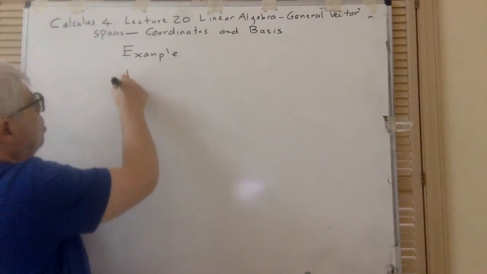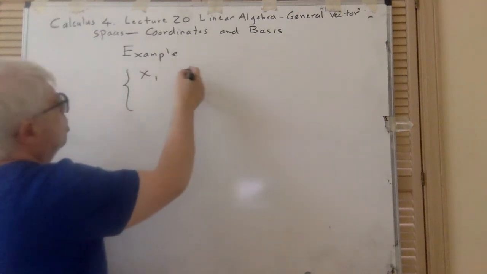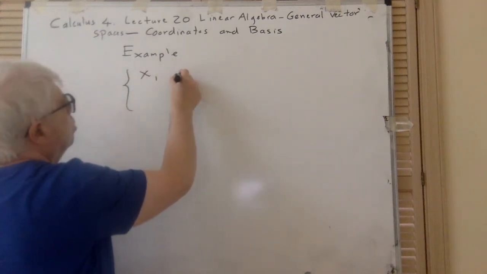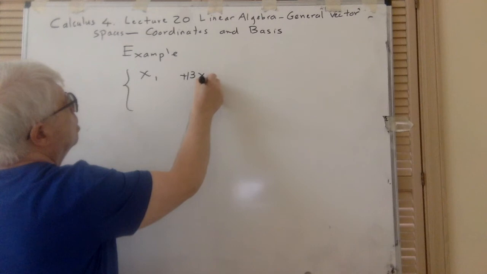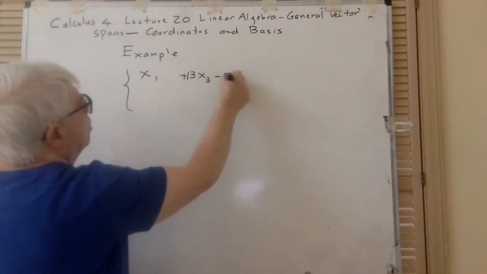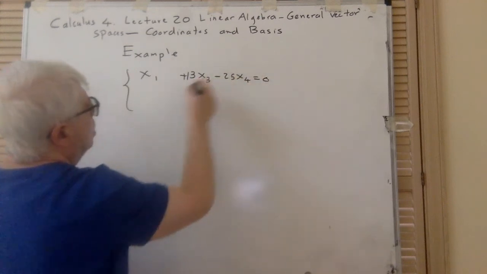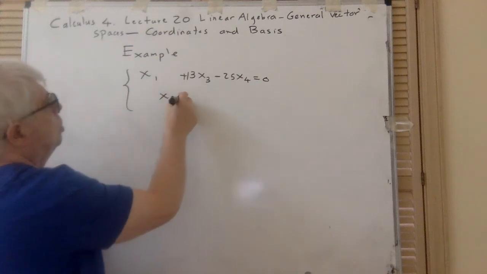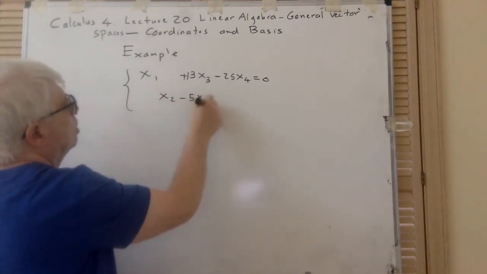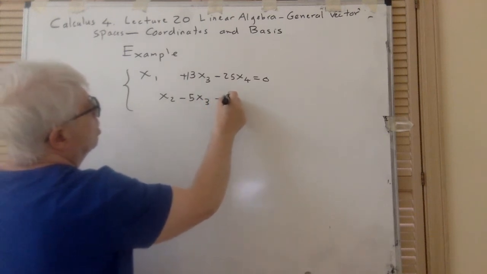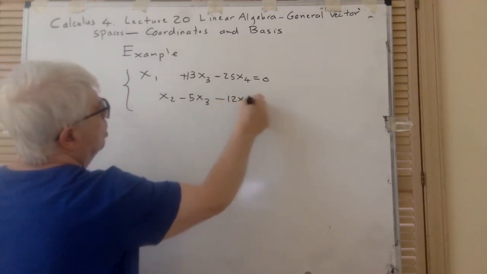So another example is, let me go back to that system of equations that I wrote. I can't remember the coefficients. Let me just write some coefficients for you. Plus 3x3 minus 25x4 is 0. Then x2 minus 5x3 minus 12x4 is 0, something like that.